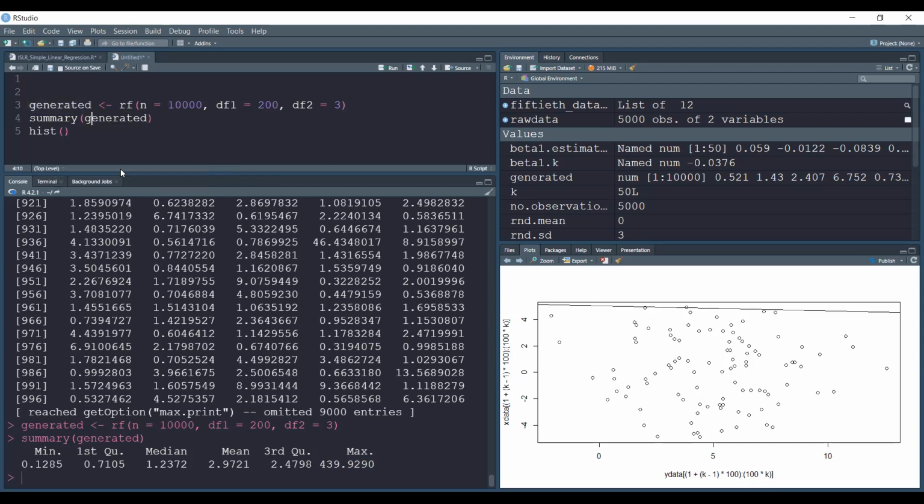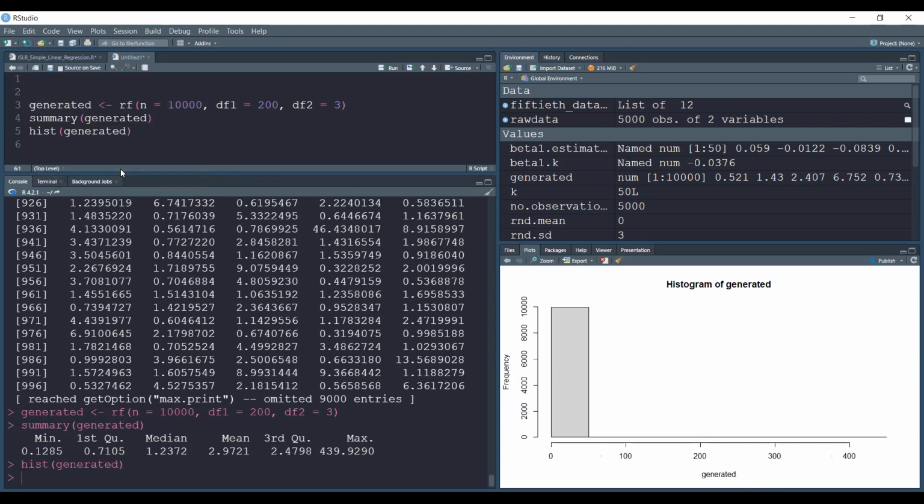This is a histogram. It doesn't look right, does it? Unless we need to change the scale.